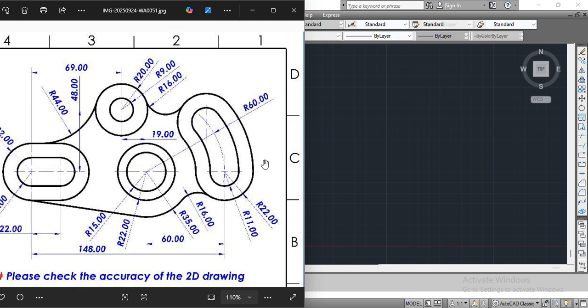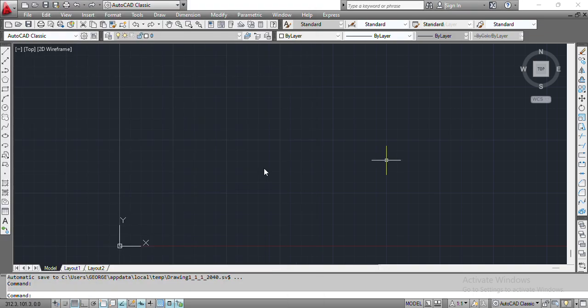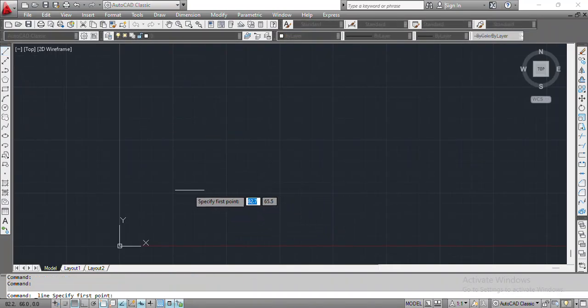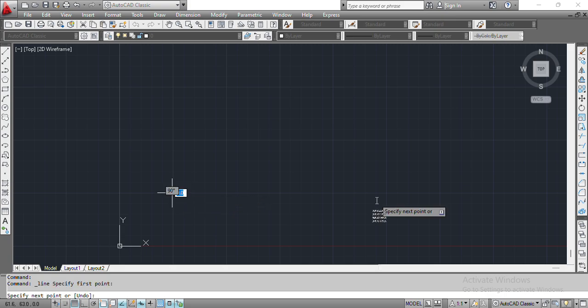So with these, let's go straight, draw a horizontal line to be not less than 200 according to approximation. Have your ortho mode on to draw straight lines. So you're going to have 250.0.